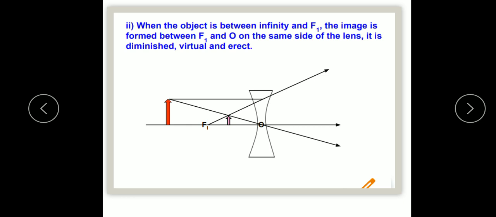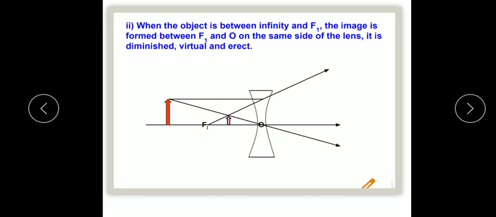One important point is how to distinguish between a convex lens and a concave lens without touching them. Keep the two lenses close to the page of the book, and look at the image of the writing on the page through the lens.